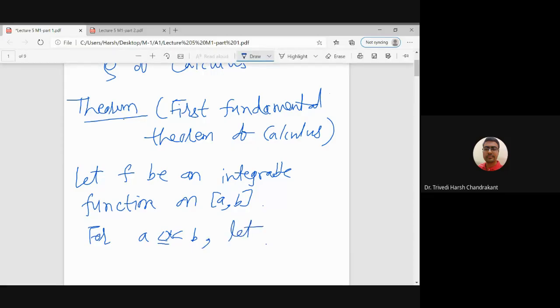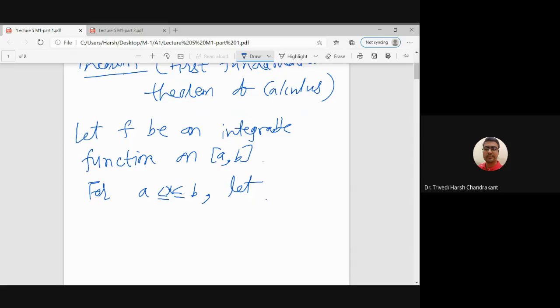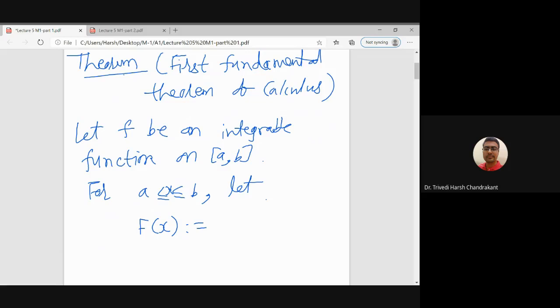we can consider a new related function, that is capital F of x. Small f is the given function. We are considering a related function, capital Fx, which we define as the integral from a to x of the original function.